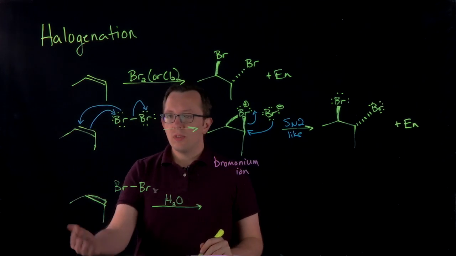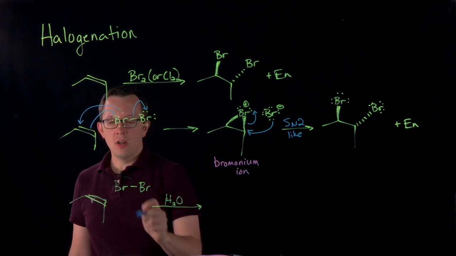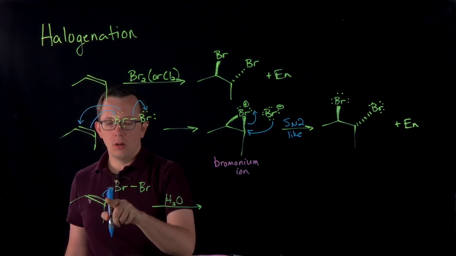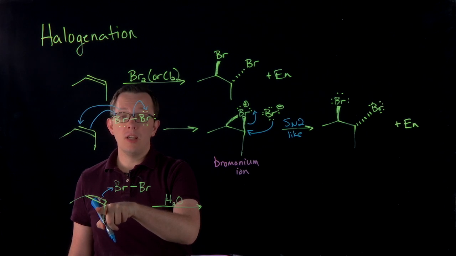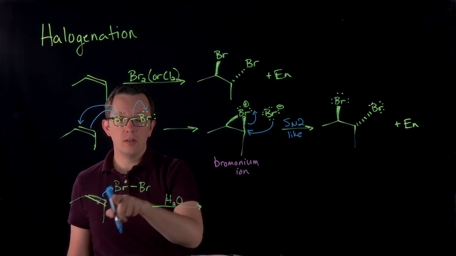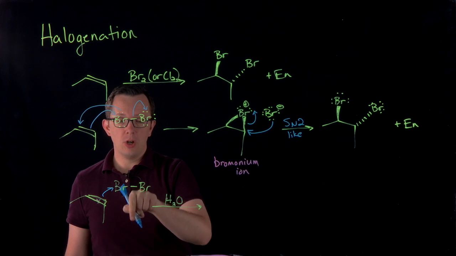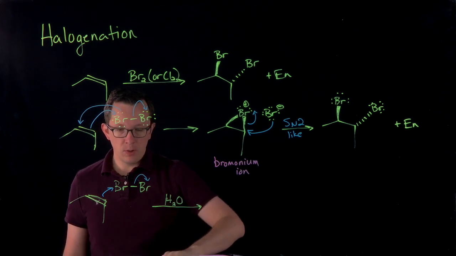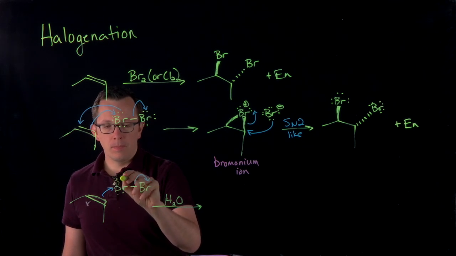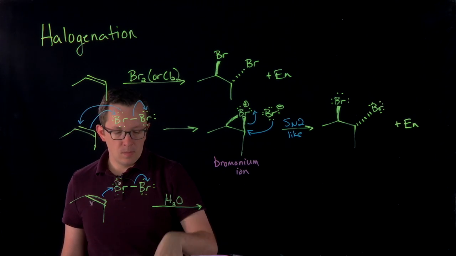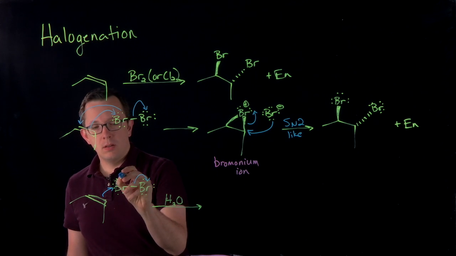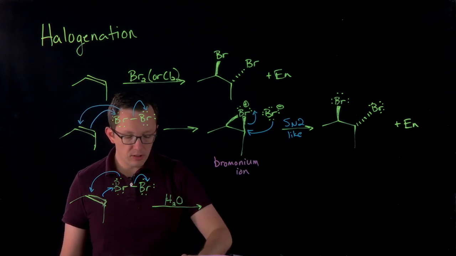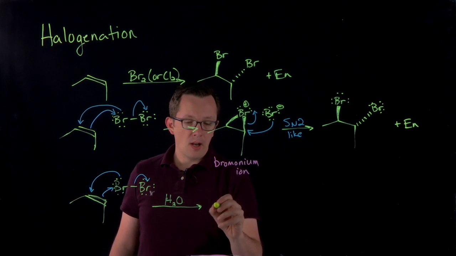Okay, so a very similar first step occurs where we have our alkene act as a nucleophile, Br2 molecule is going to act as our electrophile. We're going to have loss of the leaving group. And we're going to have our bromine wrap back around on our alkene to form our bromonium ion intermediate.